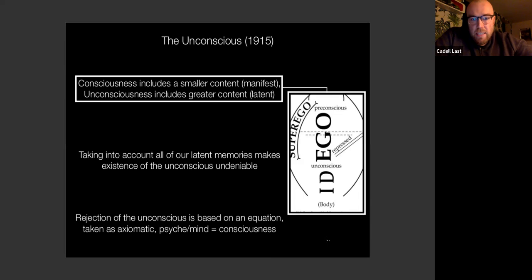Now, to blow this paradigm even further from the standard psychological paradigm of at least Freud's time, consciousness includes a smaller content, what he calls manifest, and the unconscious includes the greater content, what he calls latent.